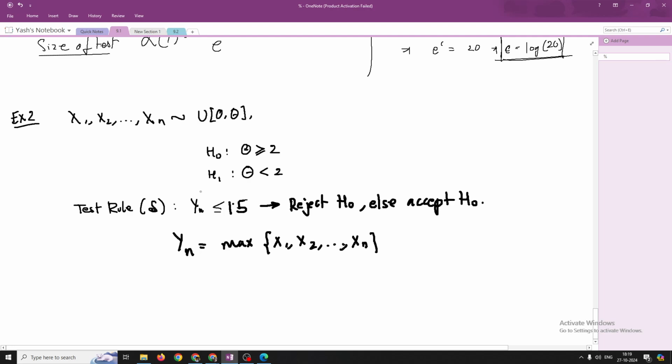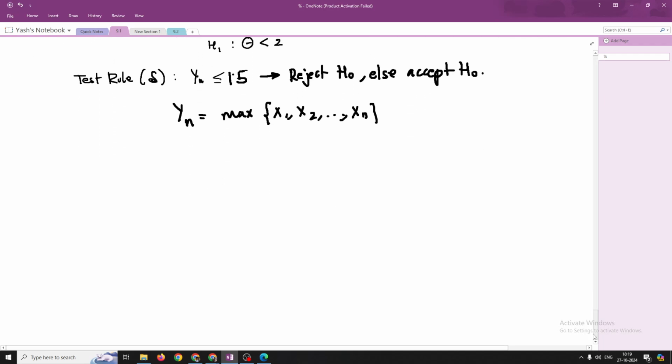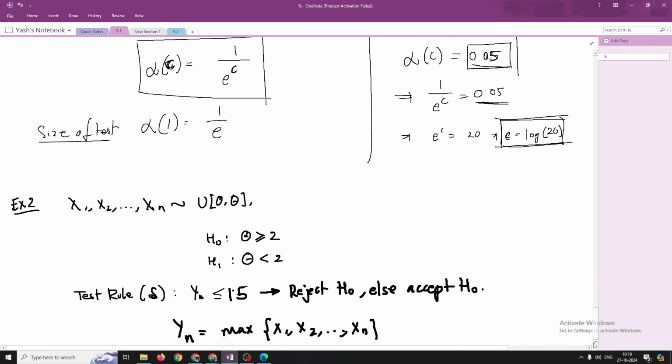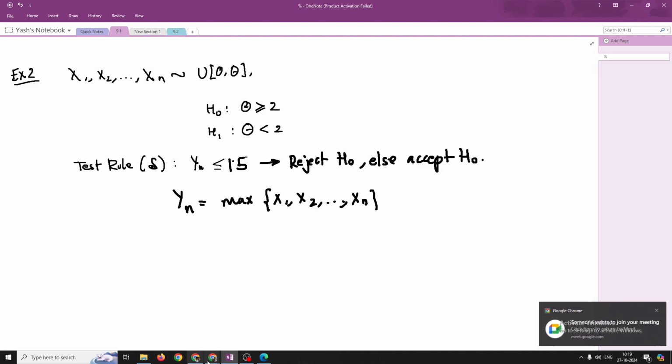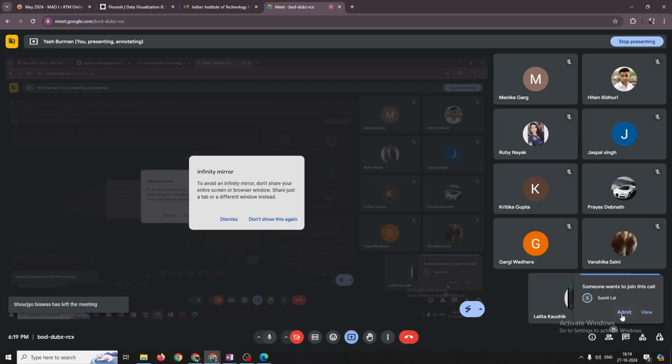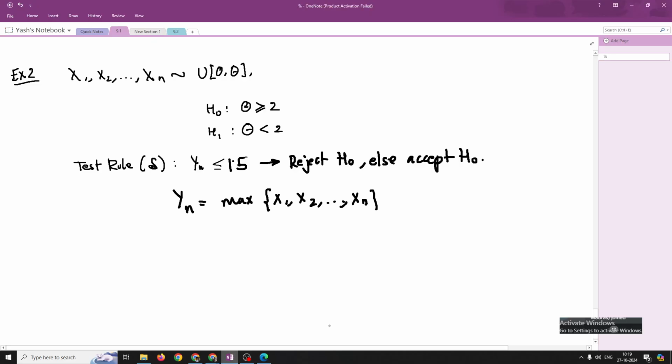Okay. Now, I would suggest while doing these sums, write everything down, and that would just make everything more clear. So we need to calculate the power function. Now what is the power function?